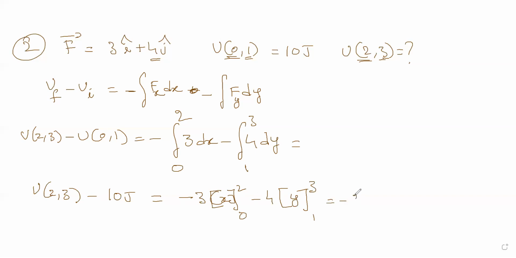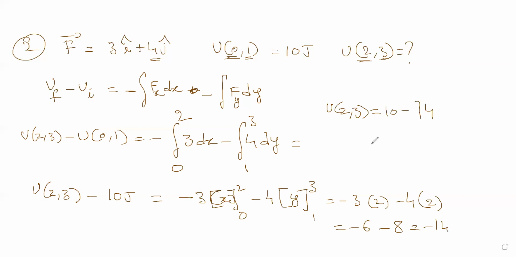So that is negative of 3 into 2, minus 4 into, again, 3 minus 1, that is 2. So that is minus 6, minus 8, minus 14. So U(2,3) minus 10 is minus 14, so U(2,3) is minus 4 joules.